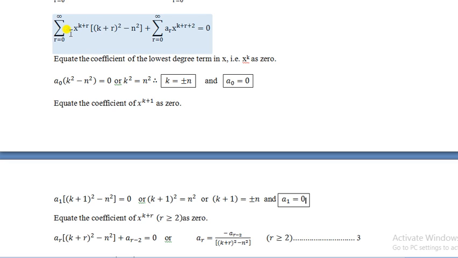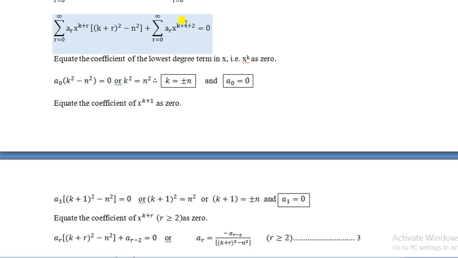The first summation gives ar times k plus r square minus n square, plus in the second bracket we use ar minus 2, because we require x raised to k plus r, but here our term is k plus r plus 2.